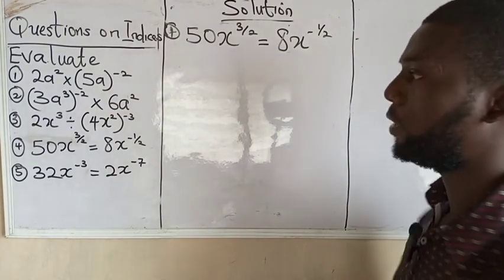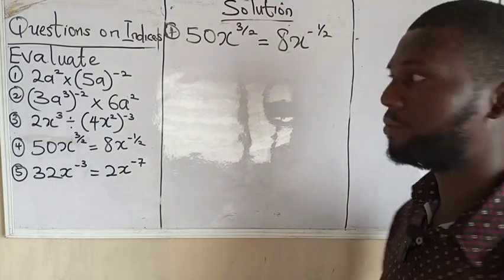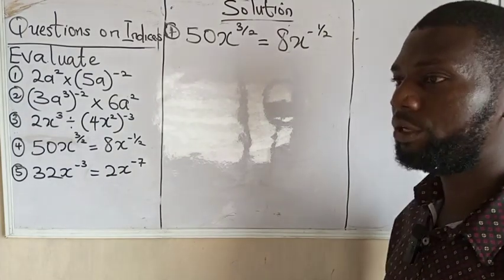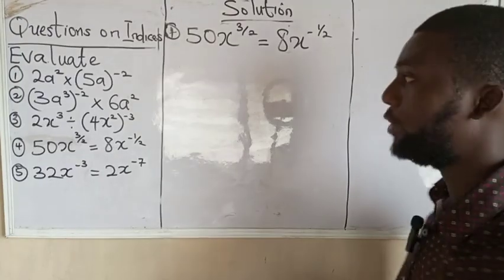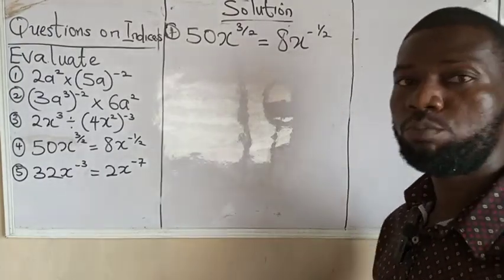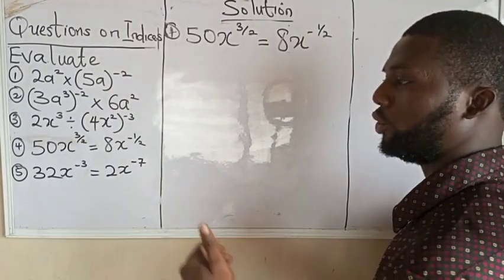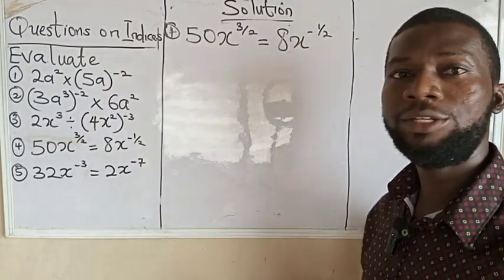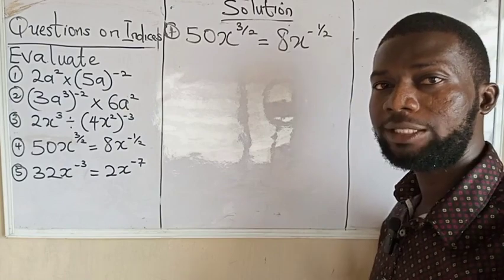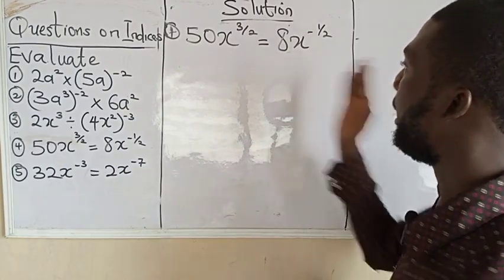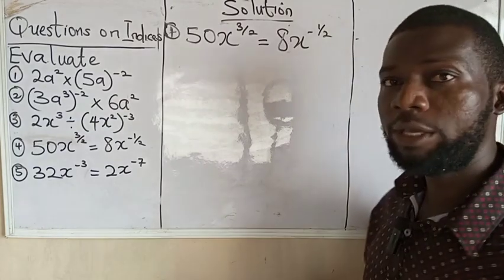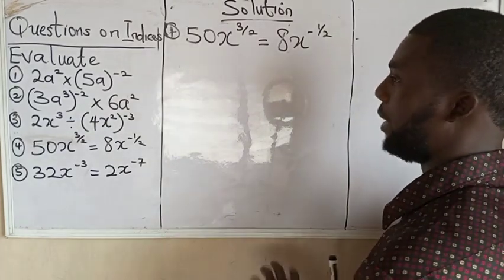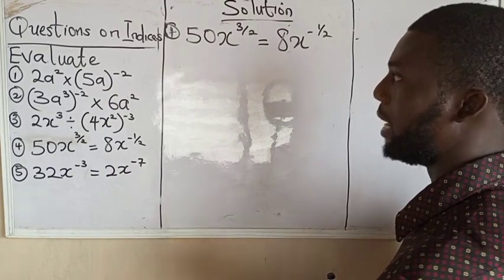Before we proceed, I want you to understand something: while solving anything related to algebra, try as much as possible to make your letters be on your left hand side and the numbers on your right hand side. So our aim is to find the value of x, and also to make sure that the value of x stays on my left hand side.